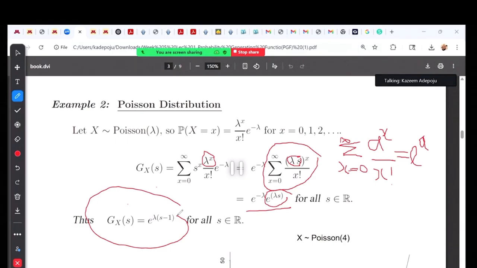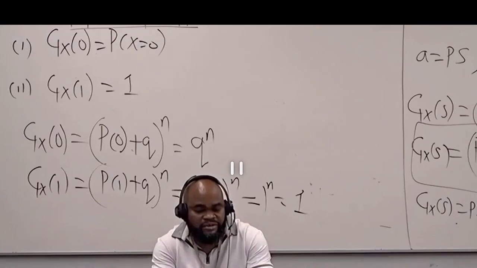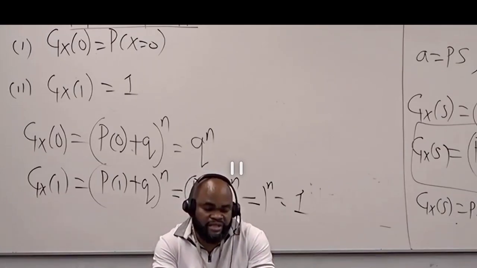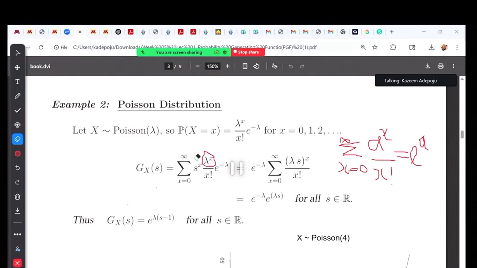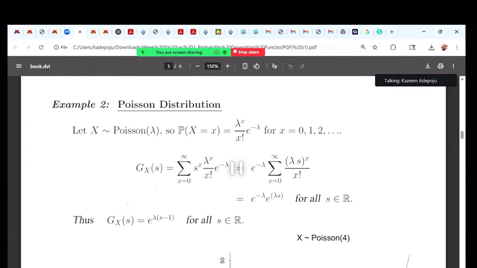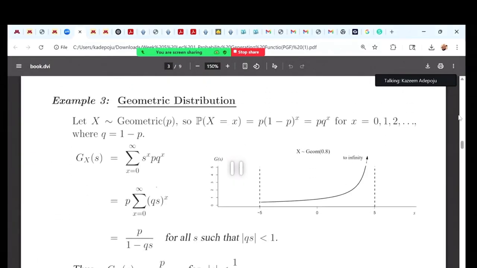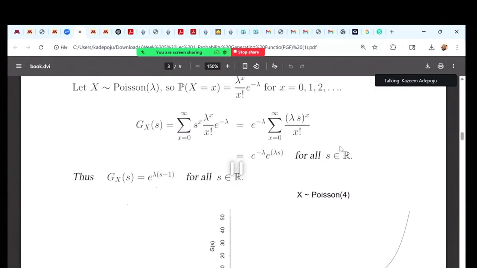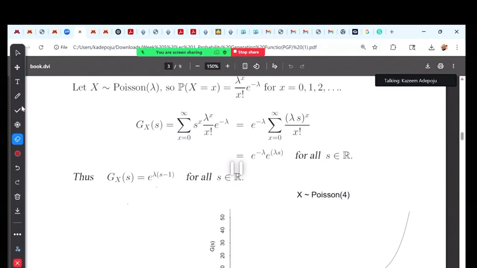Now, if you have that as the probability generating function for a Poisson distribution, you can investigate its properties. You can investigate G of x where x equals 0 and where x equals 1. I want to do that right now, please pay attention. Now we want to investigate that. Let's plug in x to be 0.